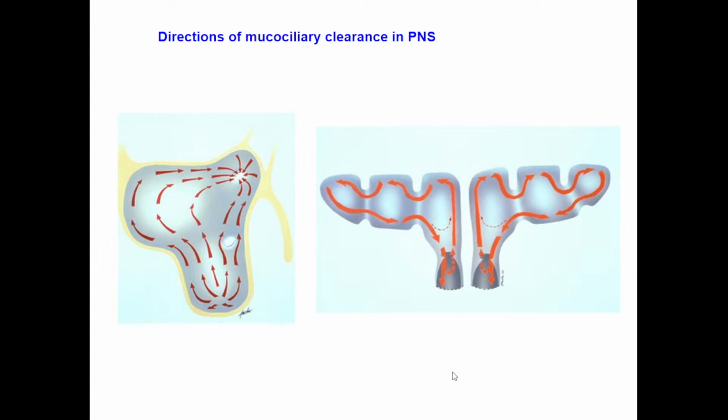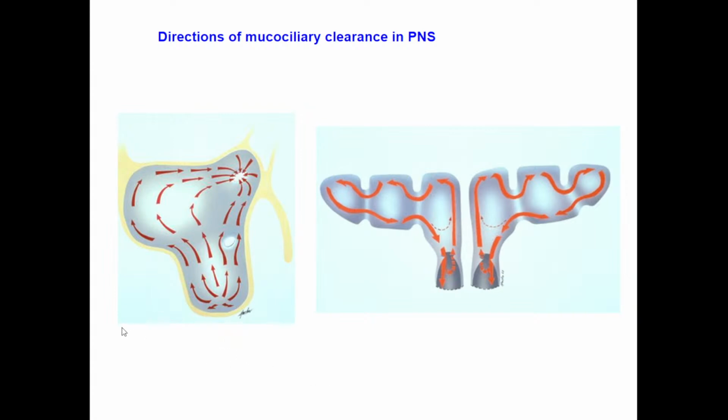On this slide, you can see the direction of mucociliary clearance in the paranasal sinuses. You remember that mucociliary clearance is the main mechanism of protection of the nasal mucosa and evacuation of different pathological agents from the nose and paranasal sinuses.